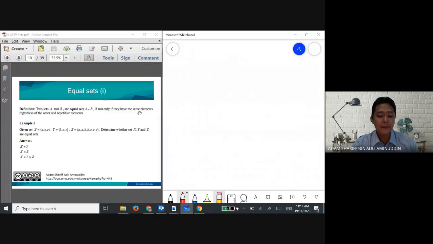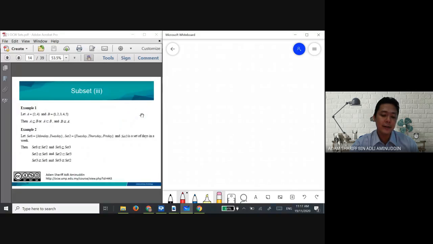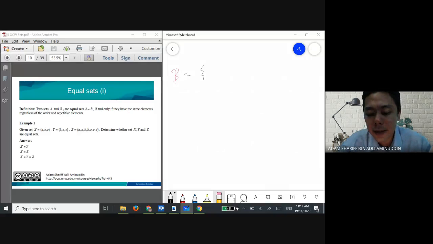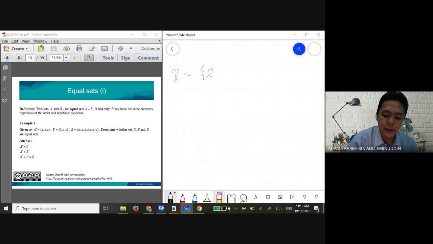In sets, there are various operations. I start with equality. For B just now, I already covered this key point. 2, 3, 5, 7 just now.